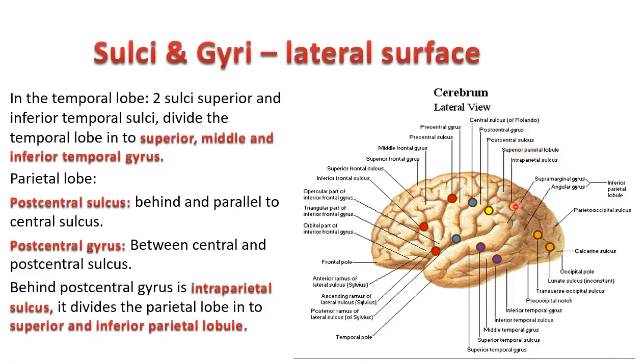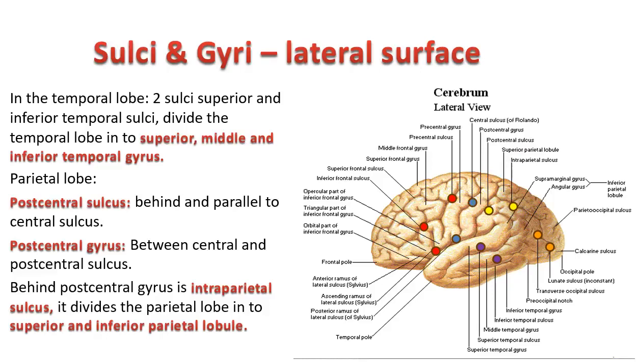This is the intraparietal sulcus, and that divides the parietal lobe into superior and inferior parietal lobules. So what divides the parietal lobe into superior and inferior parietal lobules? It is the intraparietal sulcus. All this is seen posterior to the postcentral sulcus.